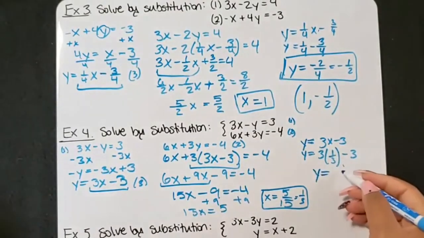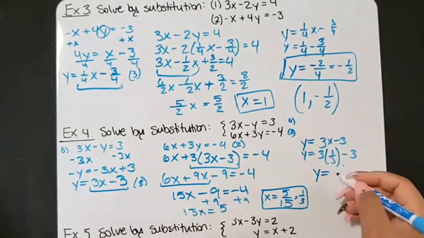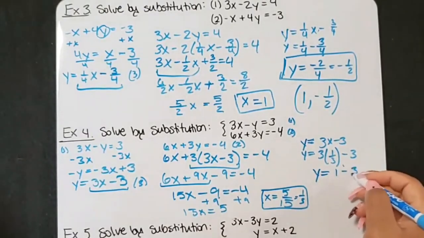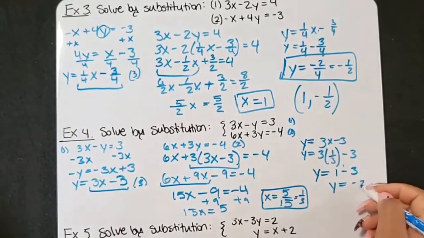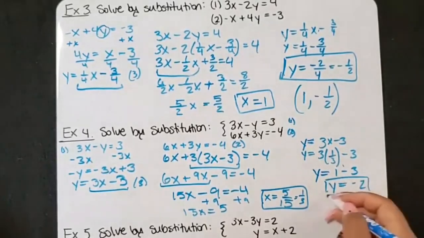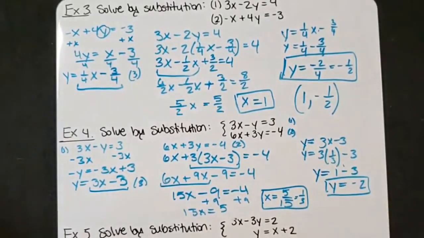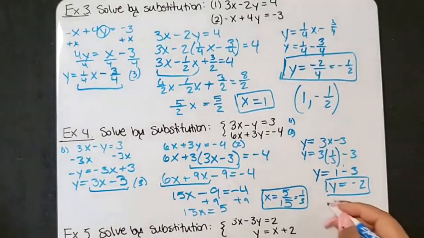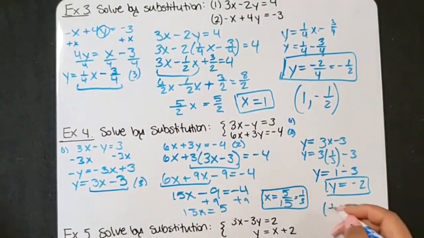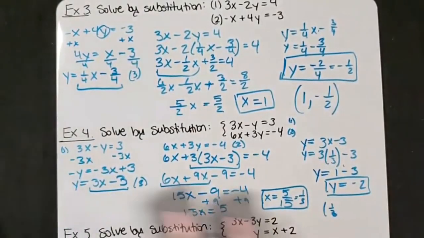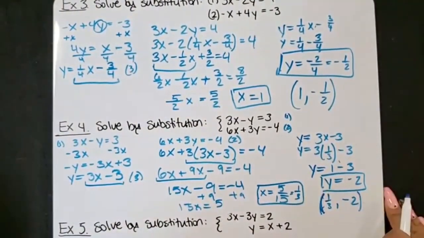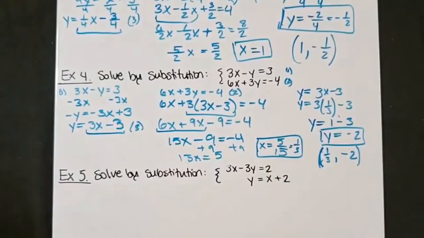So we got y equals 1 minus 3. So y equals negative 2. And because we have an x and a y, the solution is 1/3, negative 2.